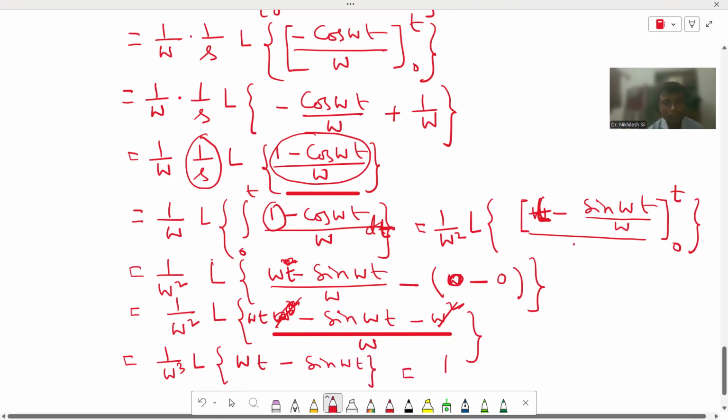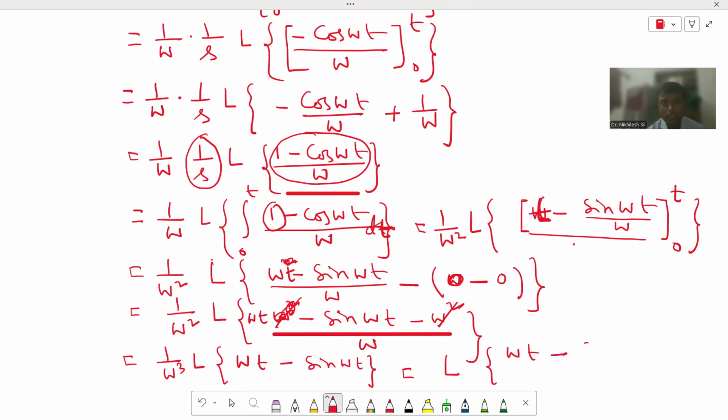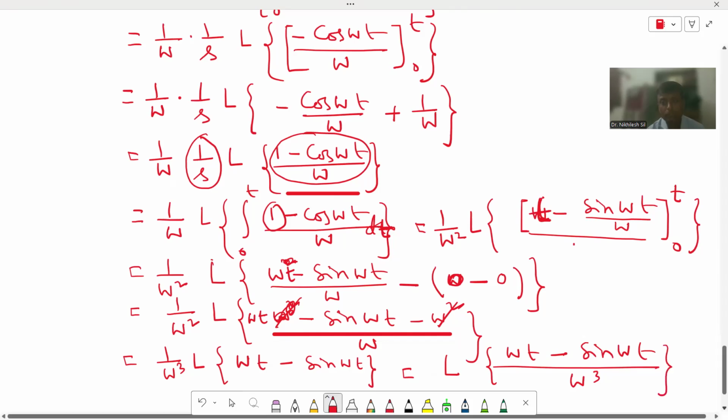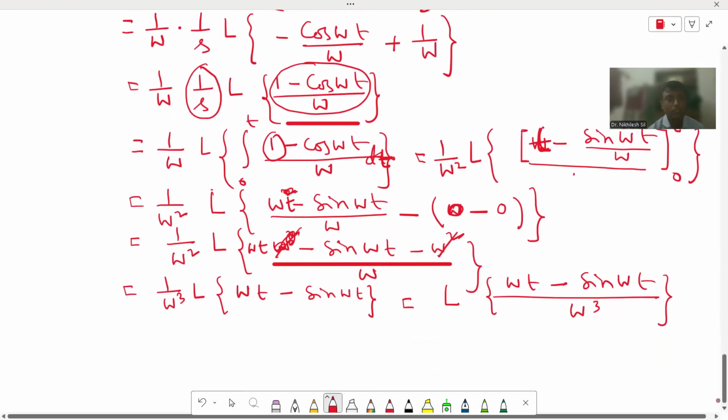That is Laplace of, we have to find f(t), so we have to take 1 by omega cube within the Laplace. So omega t minus sine omega t divided by omega cube. So what is the f(t) of the corresponding F(s)?